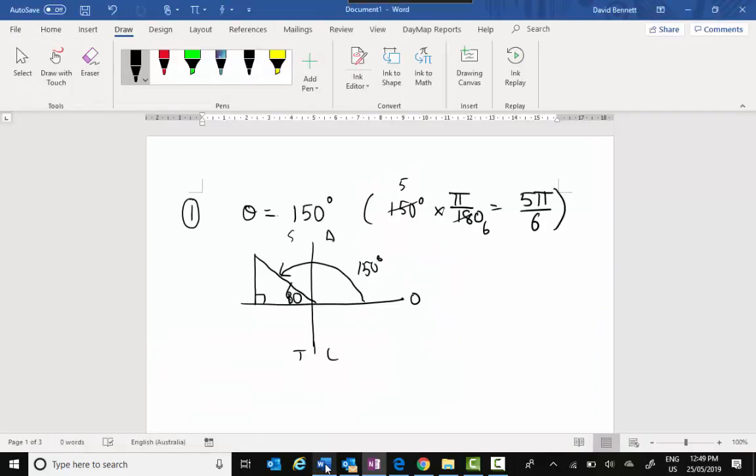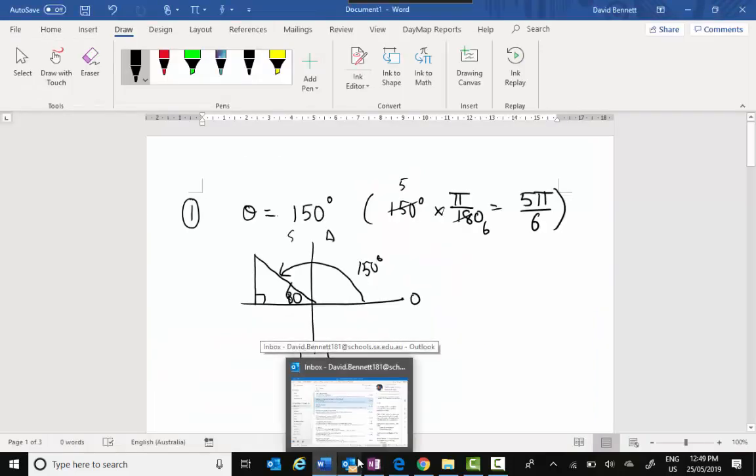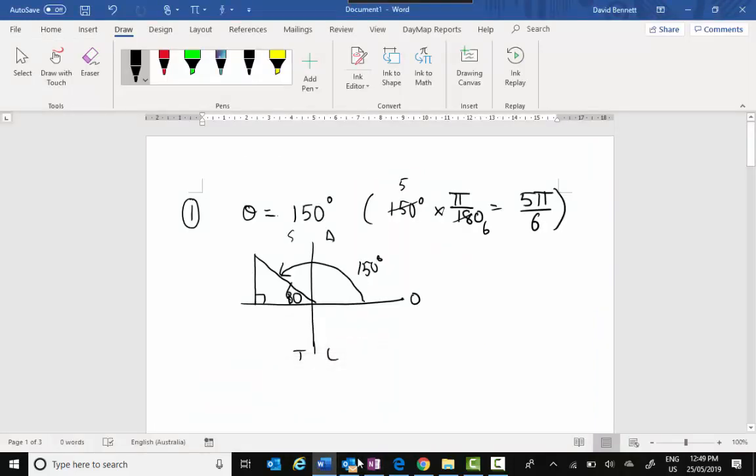So over here, using that triangle, what I can say is the opposite side to 30 is 1. The side next to 30 is root 3, but because it's coming from the origin, it's negative root 3, and then that side there is 2.